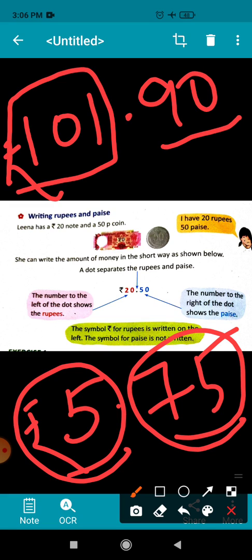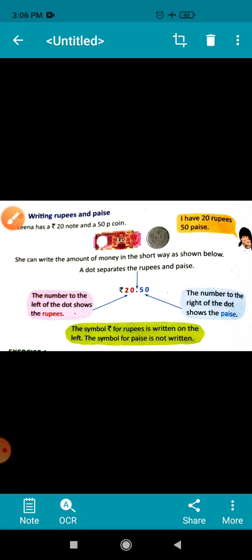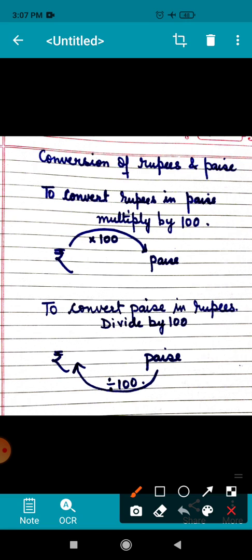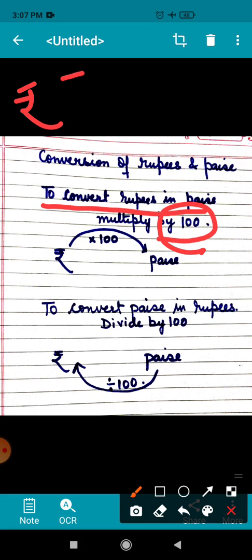Children, hope you all have understood how to read and write rupees. Okay, now let us know how we can convert rupees into paisa and paisa into rupees. Children, to convert rupees into paisa, we multiply by 100. Okay, suppose you have 5 rupees and you want to convert this into paisa. So what you will do?